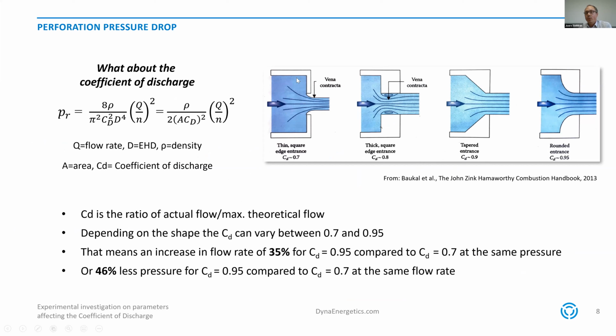We have a container with a small orifice. And as you can see, the flow through this orifice is not occupying the complete area of the orifice. It's actually contracting, and this is called a vena contracta. So the flow doesn't take the complete surface area. The ratio of the used surface area to the possible surface area is also proportional to the coefficient of discharge and the measure for it.